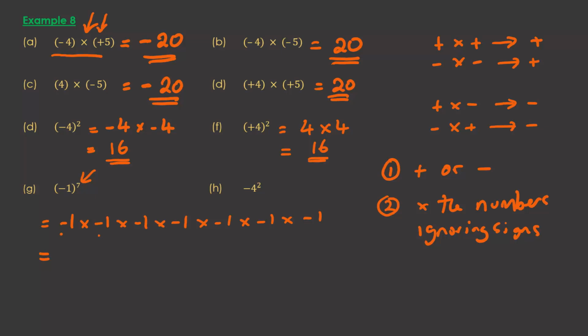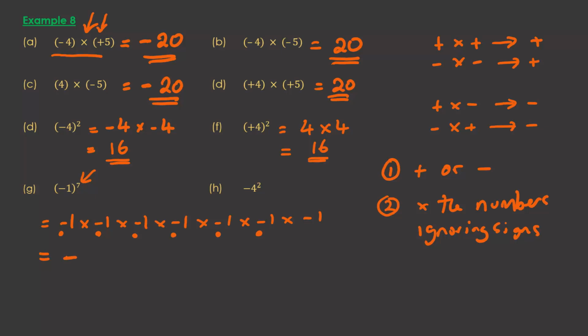Now, a negative times a negative is a positive, so every pair of these is going to give me a positive. So that's positive there, then positive there, then positive there. So far we're just multiplying positives, so it's positive up to where I am. But then I do that positive times a negative, which means the answer overall is going to be negative.